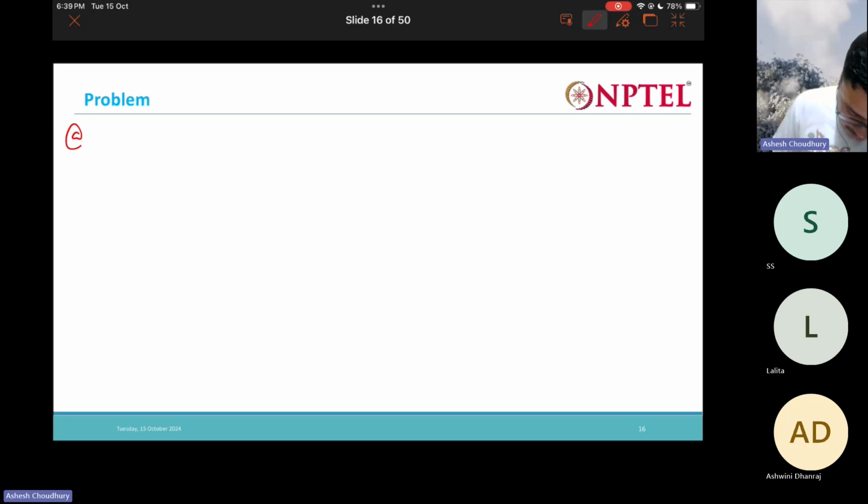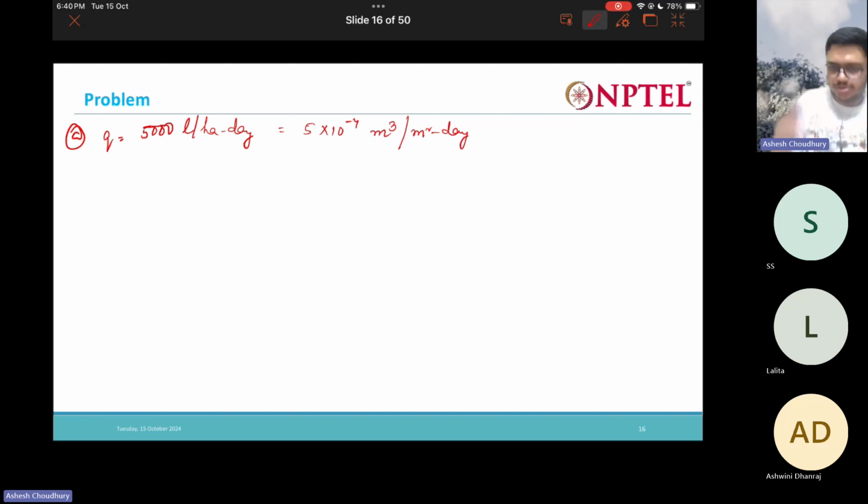This is 5 times 10 to the power minus 4, so just convert the units. 0.5 times 200 times 1.